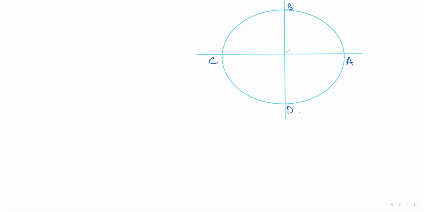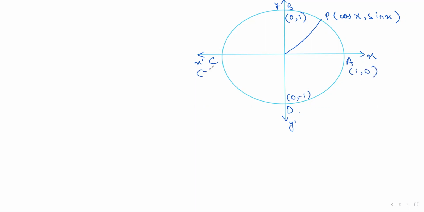You have a line over here, you have this point B, this is cos x and sin x. By default, x, x dash, y dash. These points are 0 comma 1, 0 comma minus 1, 1 comma 0 and minus 1 comma 0.